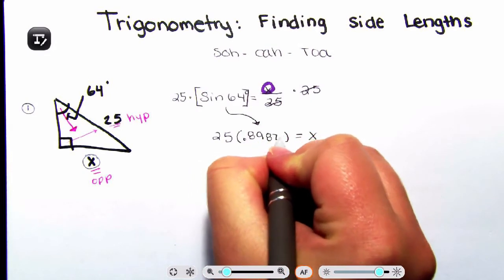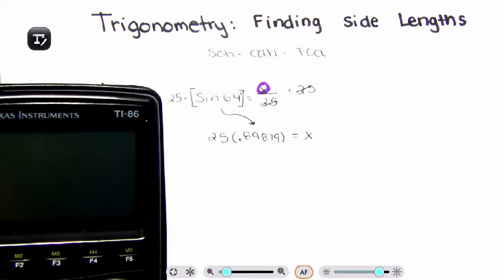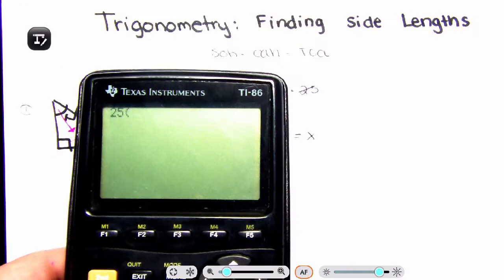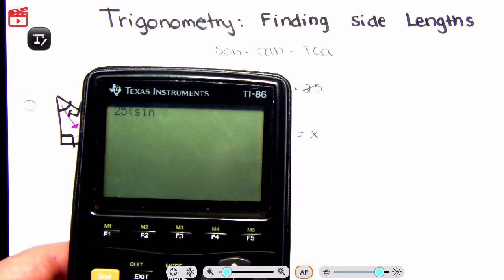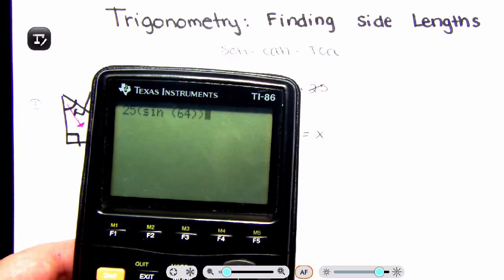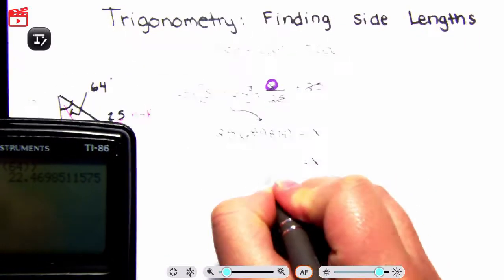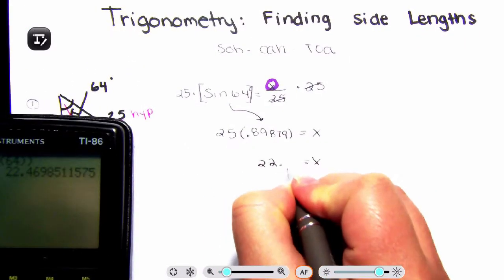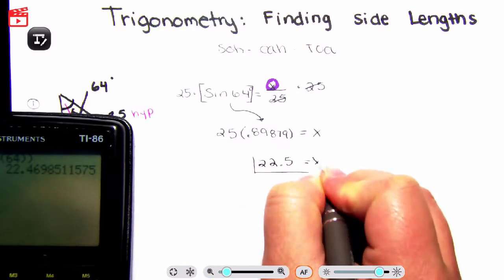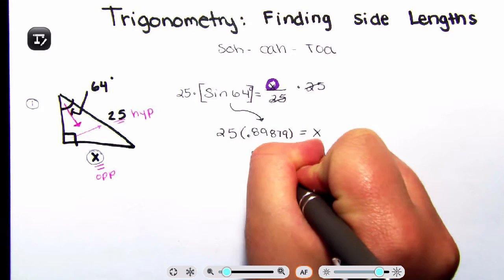I can just type it in: 25 times sine of, and make sure you have enough parentheses, 64, enter. That gives me my side length of 22.5 meters, feet. It doesn't tell us what our units are, so we can say units.